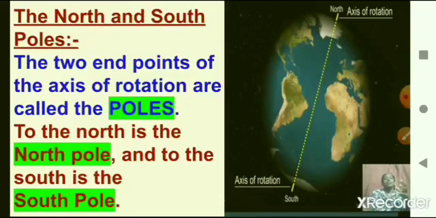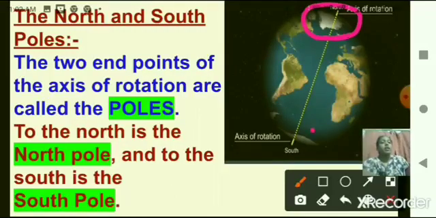This axis is an imaginary line passing through the earth that points north and south. Look at the picture, children. The earth has two poles. The northernmost point is the north pole and the southernmost point is the south pole.